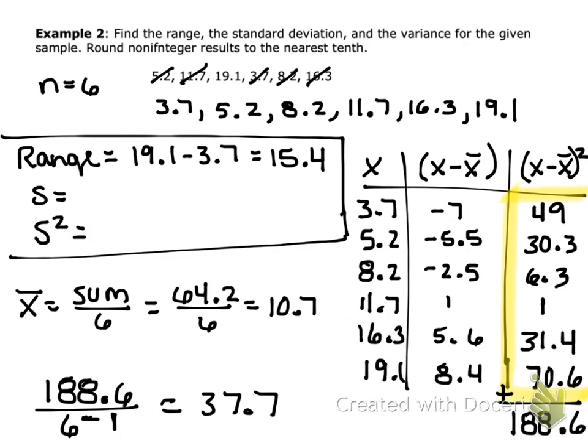This, remember, is our variance. And our standard deviation is going to be the square root of this, which would be 6.1. I would be a lot more comfortable with a standard deviation of 6.1 in my classroom than with a standard deviation of 17.